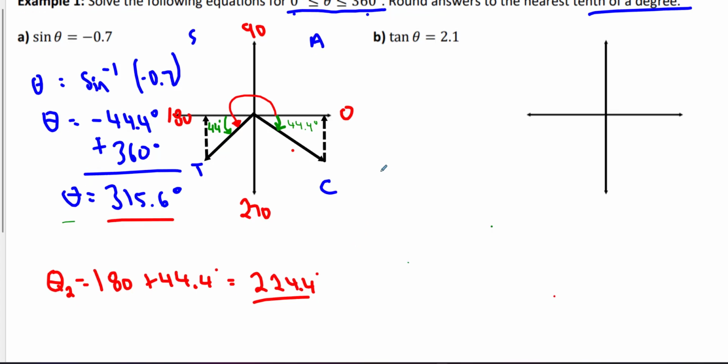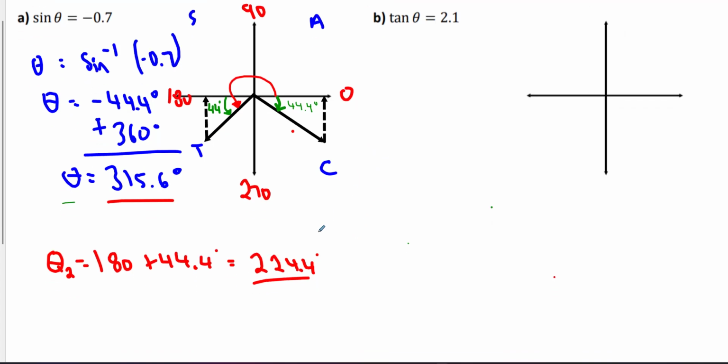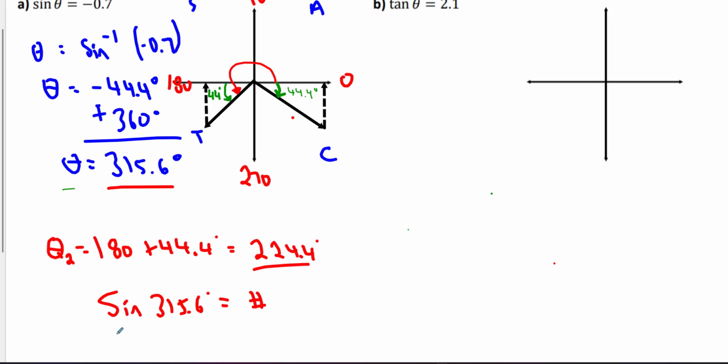And the good thing about this unit is you can actually always check your answer. You can just plug in sine of 315.6 degrees, check what number you get, plug in sine of 224.4 degrees, check what number you get, and these two numbers should be the same or relatively close.